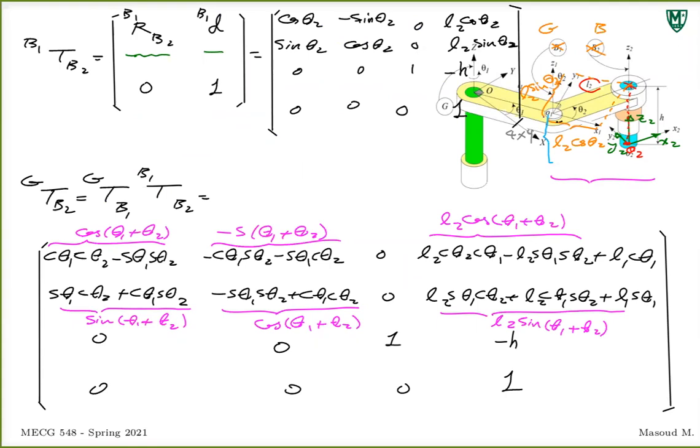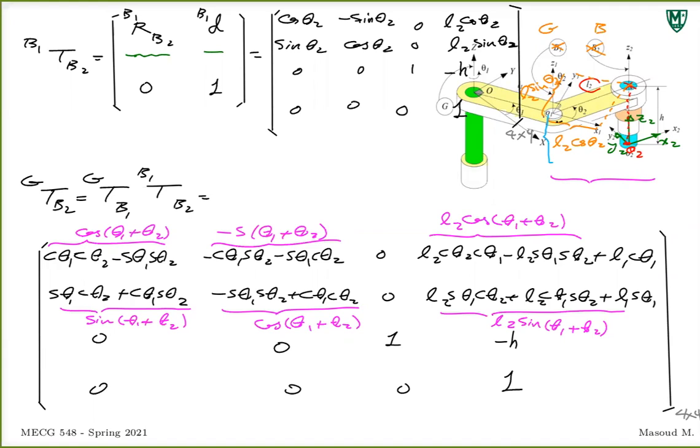Quick question or observation. When we created both matrices for each situation, if you look on the left, it looks like a rotation about the z-axis, except we have theta 1 plus theta 2. Do you see that?